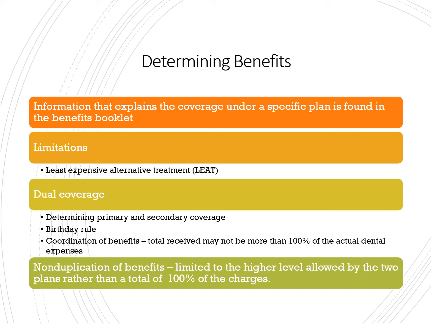For example, a patient needs a restoration on one of their second molars. They want a composite. And it can be treated by filling it with a composite or an amalgam.